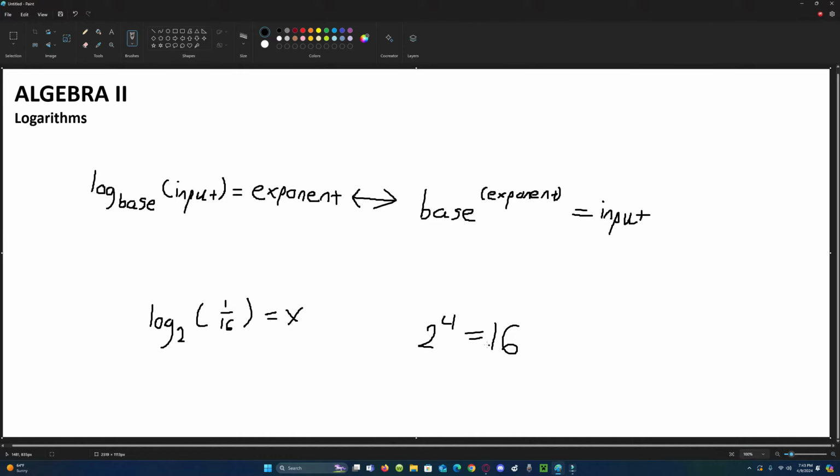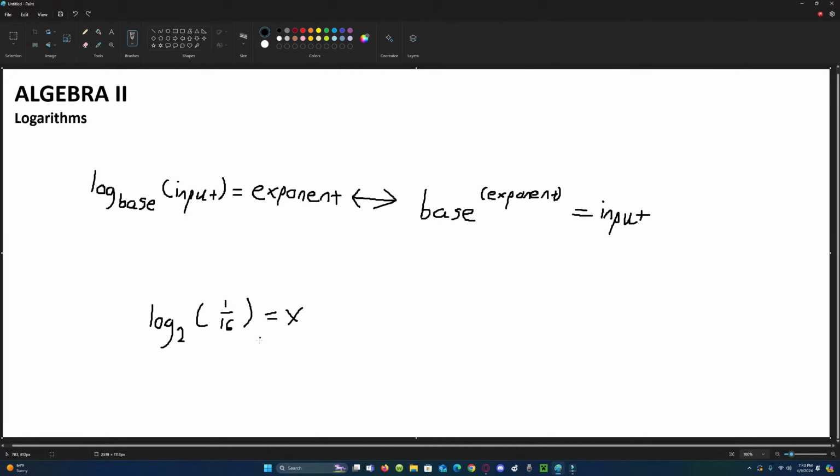And what I mean by that is 2 to the 4th power is equal to 16. So 2 to the negative 4th power is equal to 1 over 16. All you do is take the answer that you would get from the positive version of the number and put it under 1 as a fraction.